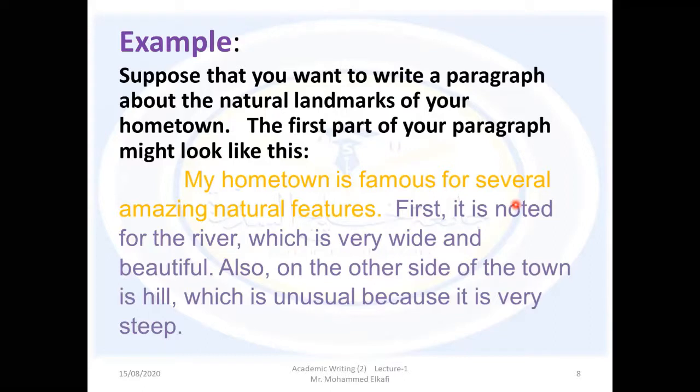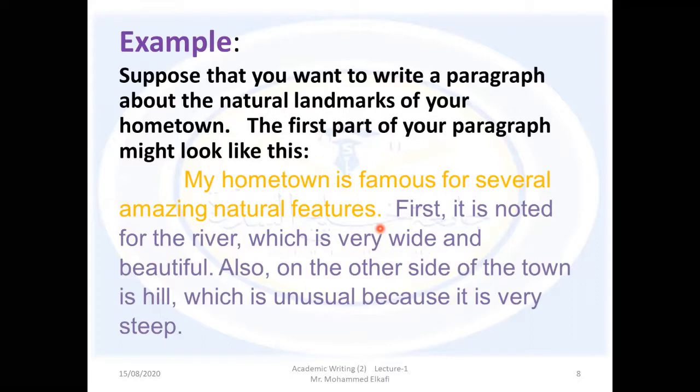Here we have a general sentence in some way. Why? Because when we read this first sentence, we will not find more what? More details. He talked about his hometown. He said that my hometown, and he can make a name for it.